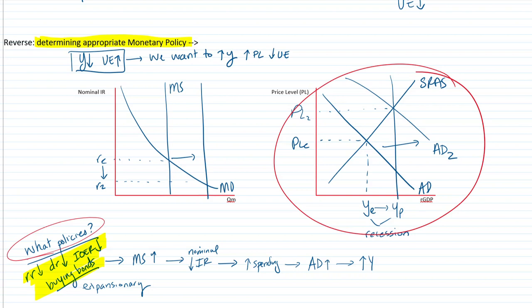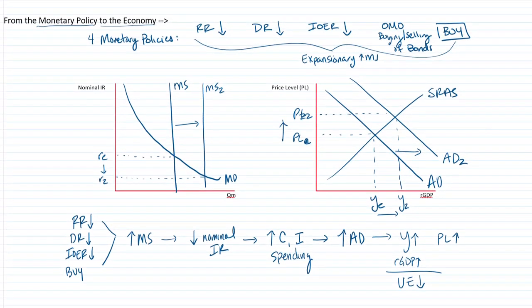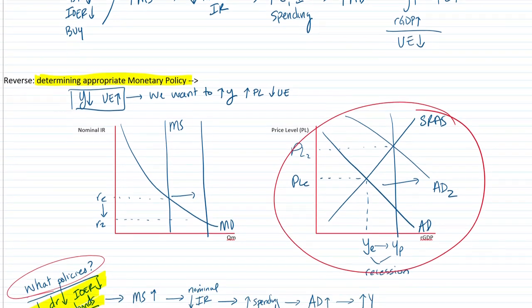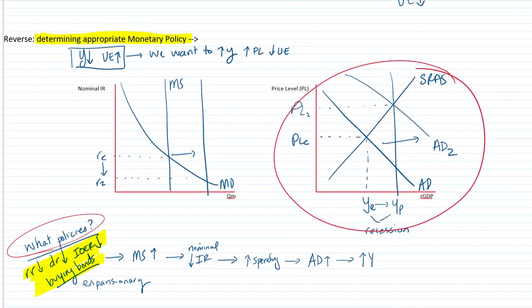So it seems a little confusing as we say it here, but we need to be comfortable enough with monetary policy to both start with our policy and work forward to the changes in aggregate demand in the economy, but also do the opposite, start with the economy and work in reverse to get ourselves back to what policy will accomplish our goals.